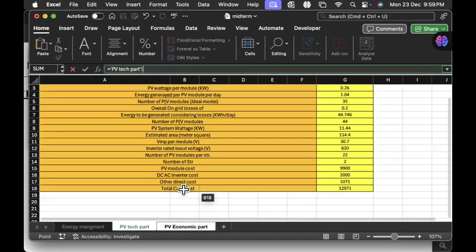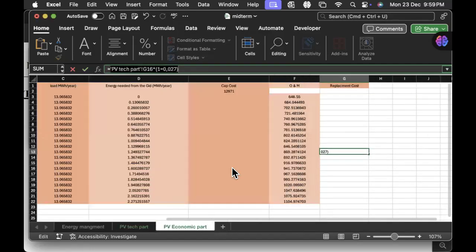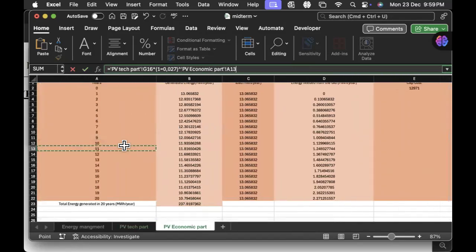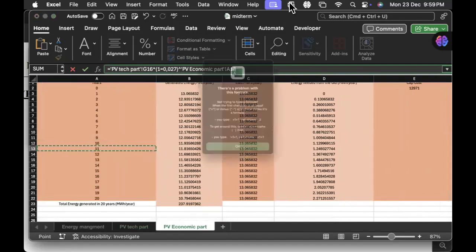I think we already have it here, which is this DC-AC inverter cost, this number times, open the bracket, 1 plus 0.027 to the power, and let's go to the number 11, and then plus.